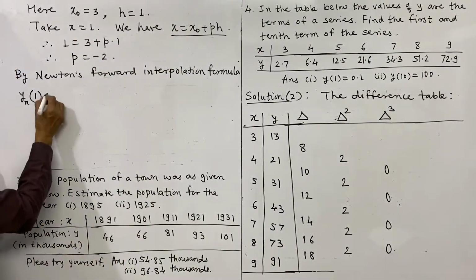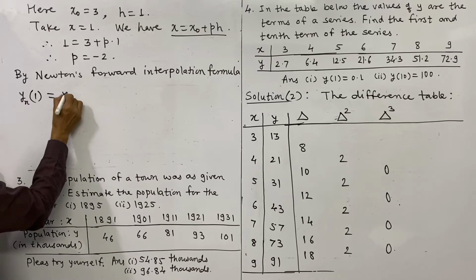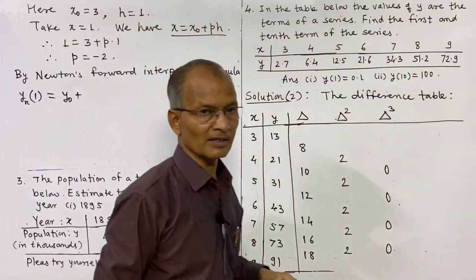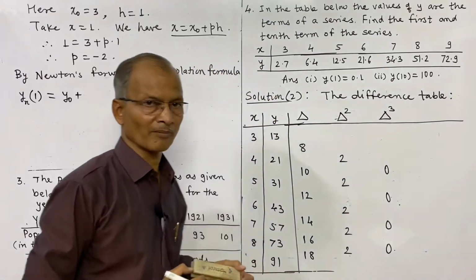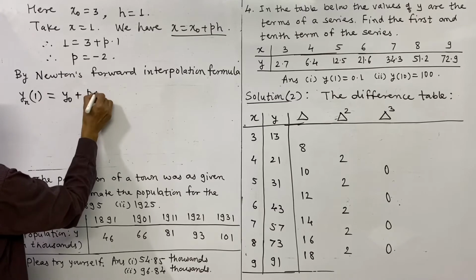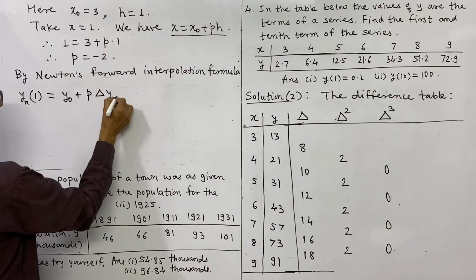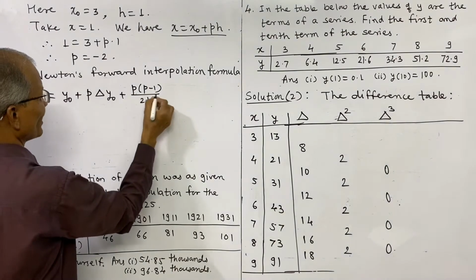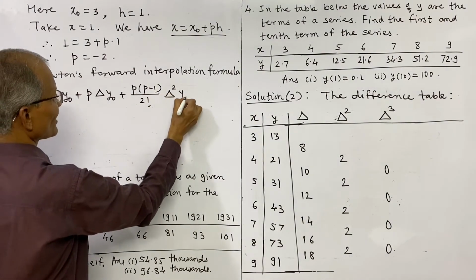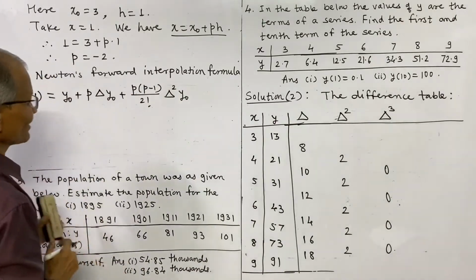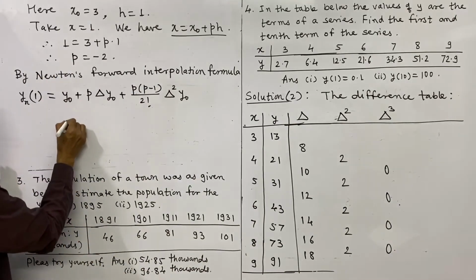This is equal to, the first term is y naught. The formula, though it is lengthy, is not difficult to remember. The first term is y naught, next is p into delta y naught, and next is the binomial coefficient p into p minus 1 divided by 2 factorial delta square y naught, and the third term will be p into p minus 1, etc.